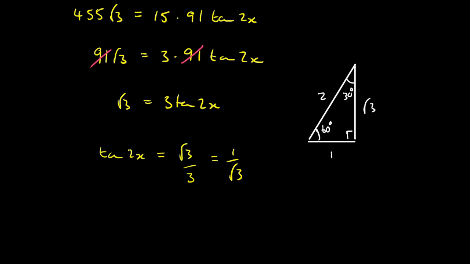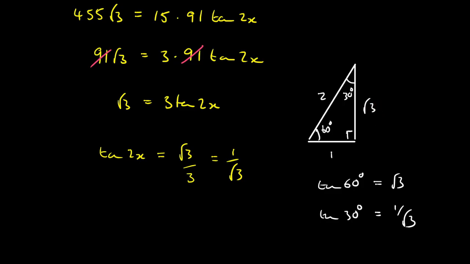So what does this tell us? It tells us that tan of 60 degrees is opposite over adjacent, so root 3 divided by 1, which is root 3. And tan 30 degrees is opposite over adjacent, so 1 upon root 3.